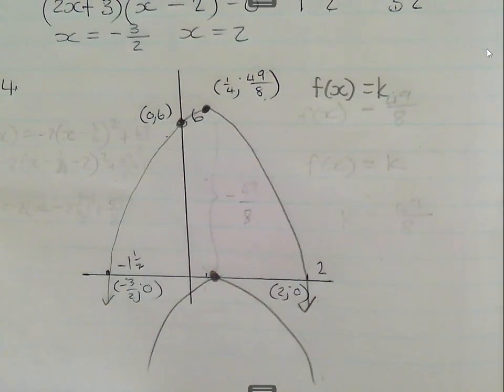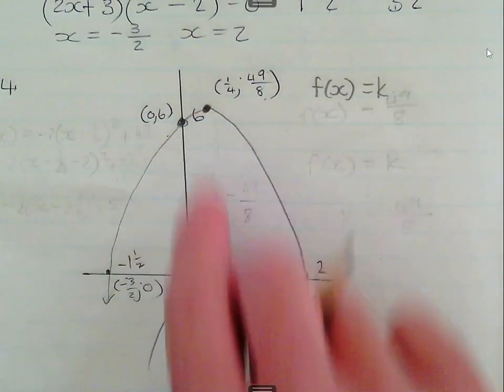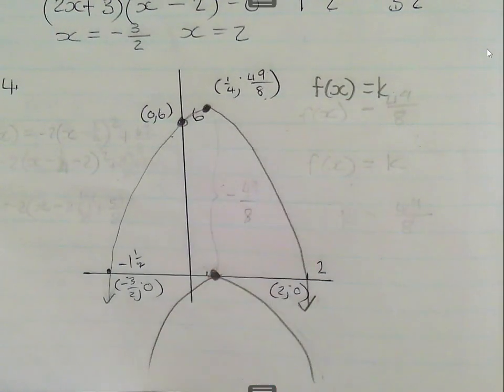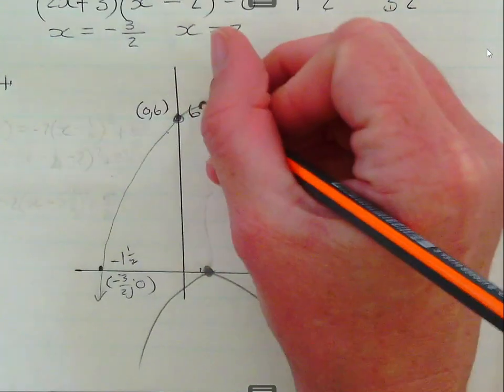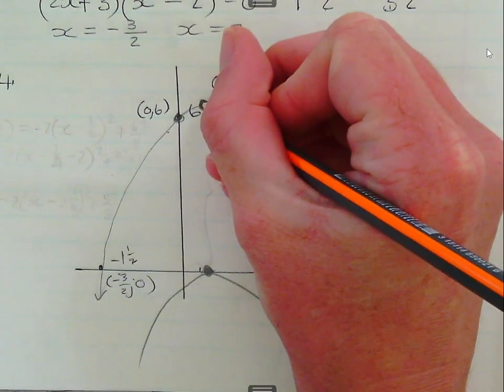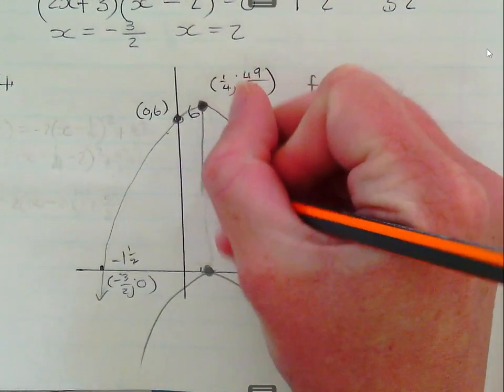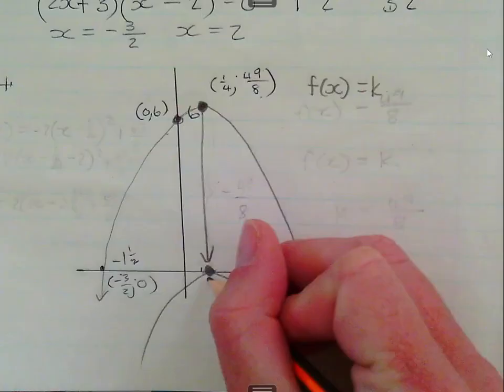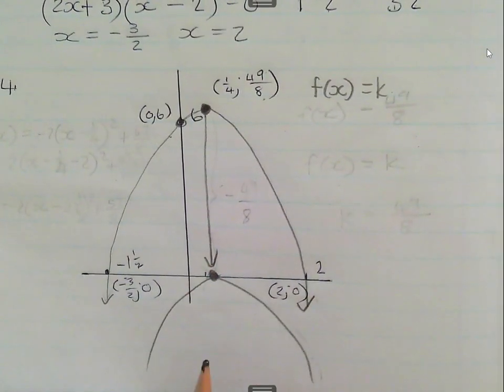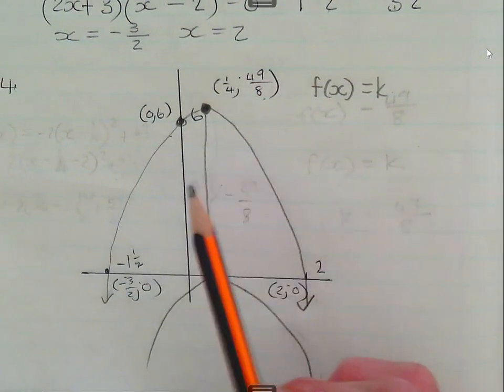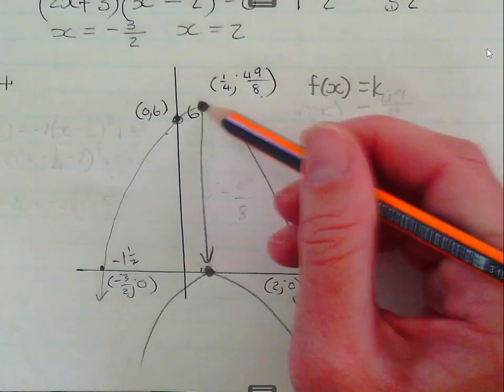So equal roots, or two of the same roots, or however they state the words, means this graph must be on the x-axis. So how far is this turning point from the x-axis? How far is it from there to there? 49 over 8, because that's where the turning point's y value is.